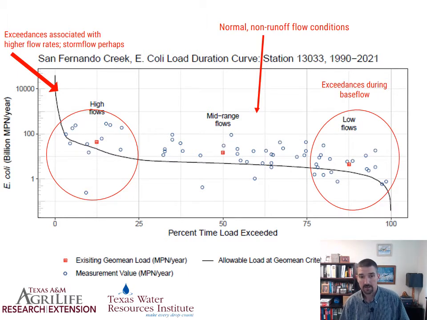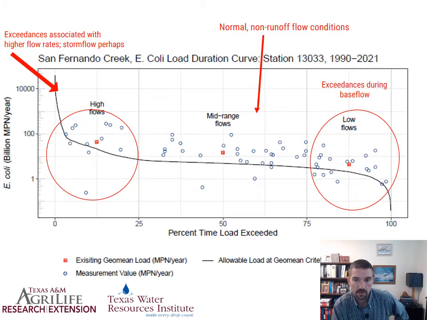So what you get there are some really large numbers of E. coli presented. So you'll see the y-axis, this is in billions of E. coli per year. So we actually even multiply it out by 365 days to see what that equates to from a load perspective. So those are actually loading values that you see there.